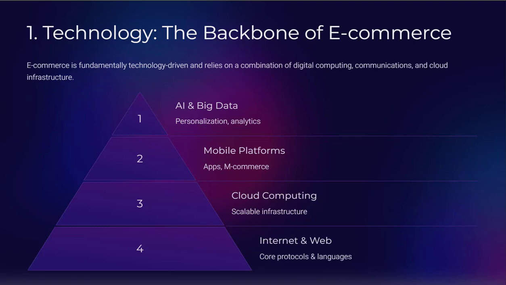Cloud computing provides scalable, flexible infrastructure to support e-commerce operations. And the internet and the web are the core protocols and languages that underpin e-commerce websites and transactions. Those are the beginnings, the enablers of e-commerce.